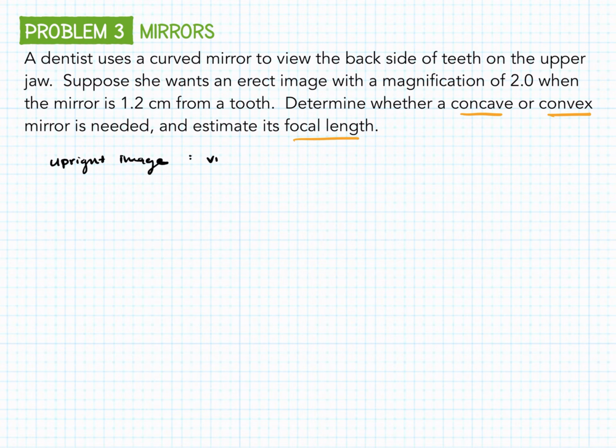That should tell you virtual, because remember, real images are inverted. And we want magnification equal to 2.0. This is written as positive because we know that the magnification gives us an upright image, so therefore a virtual image.